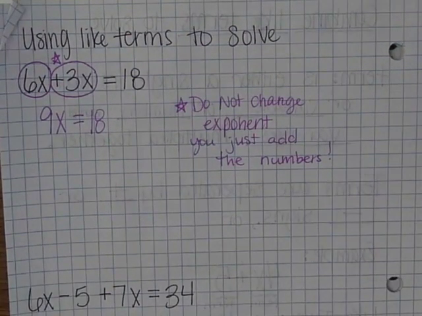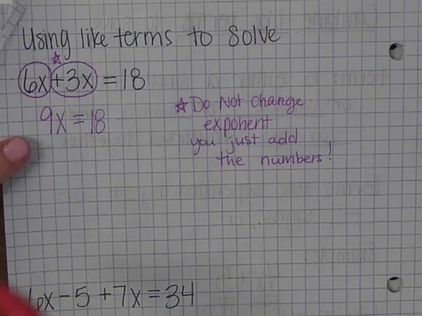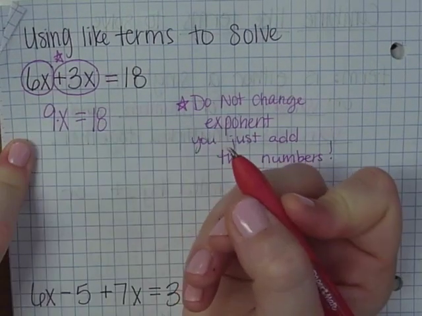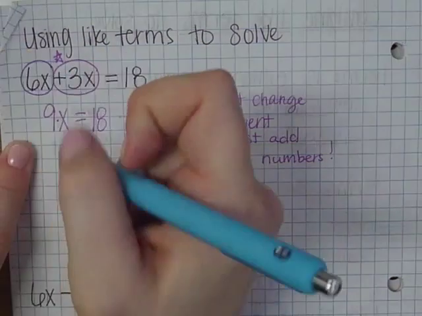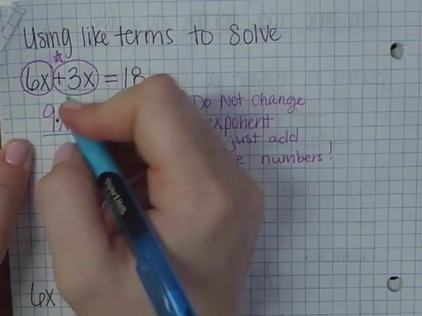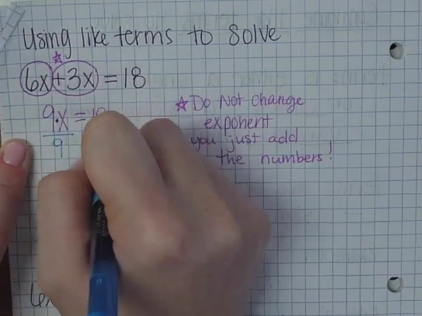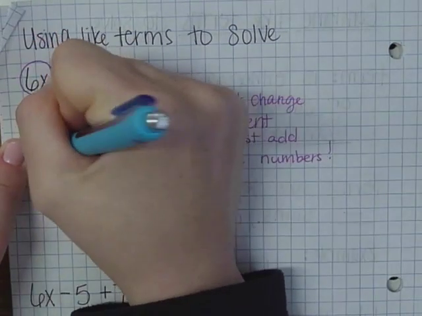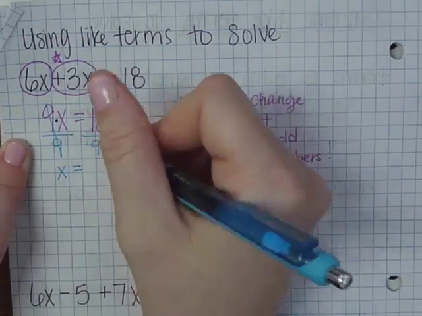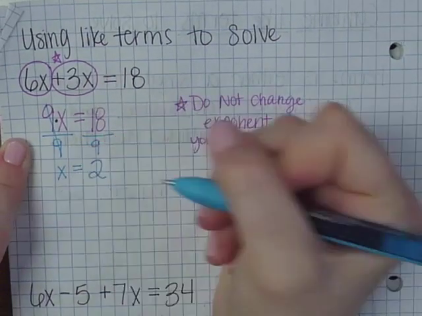Okay, now we're going to solve it just like we've been doing. So if 9x equals 18, so that's 9 times x. I'm going to use a different color. I'm going to use blue. 9 times x, so the opposite of multiply is divide. x equals 18 divided by 9 is 2.